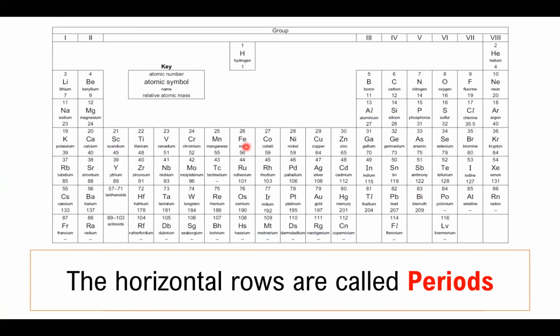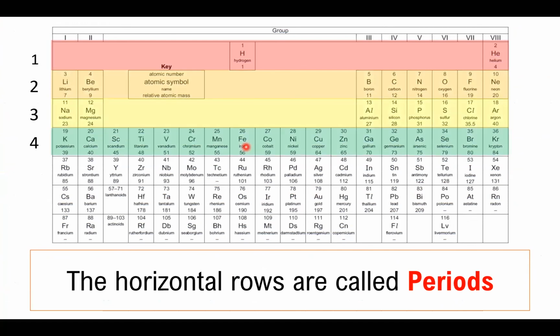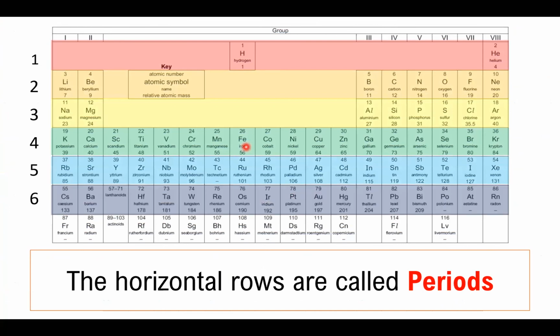The horizontal rows of the periodic table are called periods. So this is period 1, this is period 2, this is period 3, this is period 4, 5, 6, and 7. Let's say copper. Copper is in period 4.